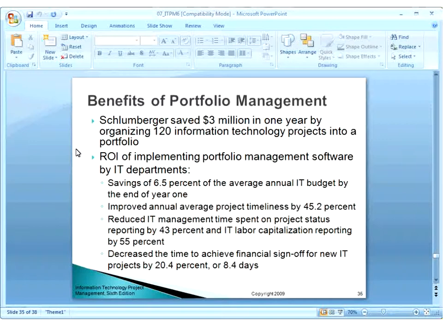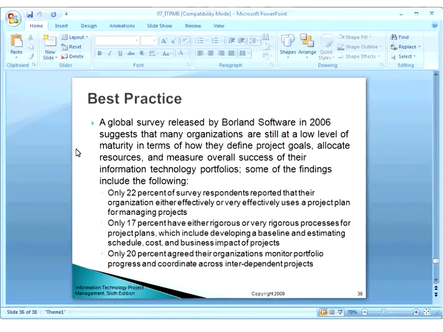So the ROI, return on investment, of implementing portfolio management software by the IT department depicted savings of 6.5% of the average annual IT budget by the end of year 1, improved annual average project timelines by 45.2%, reduced IT management time spent on project status reporting, and decreased the time to achieve financial sign-off for new IT projects by 20.4%, or 8.4 days. So these are the benefits of portfolio management.